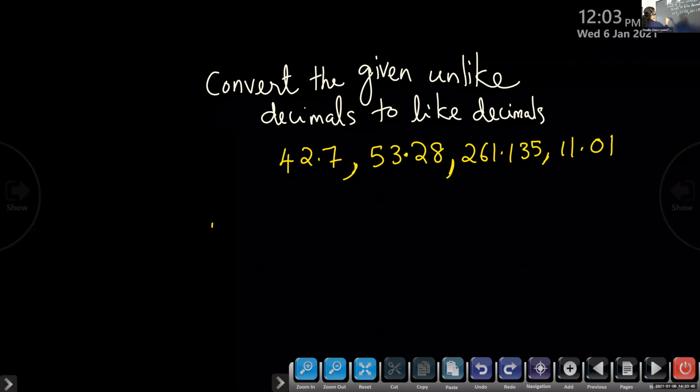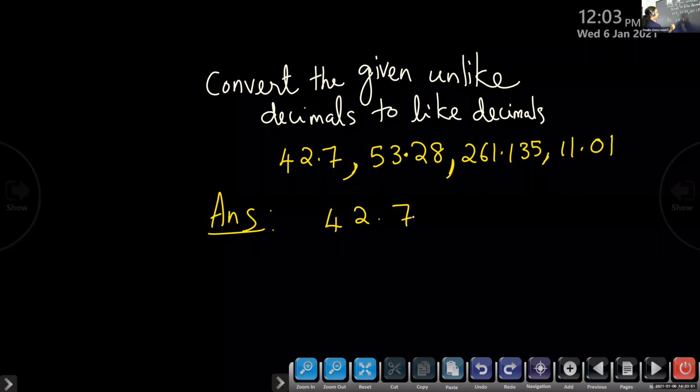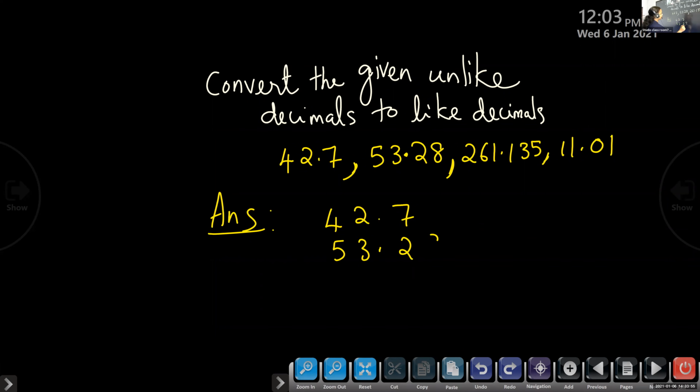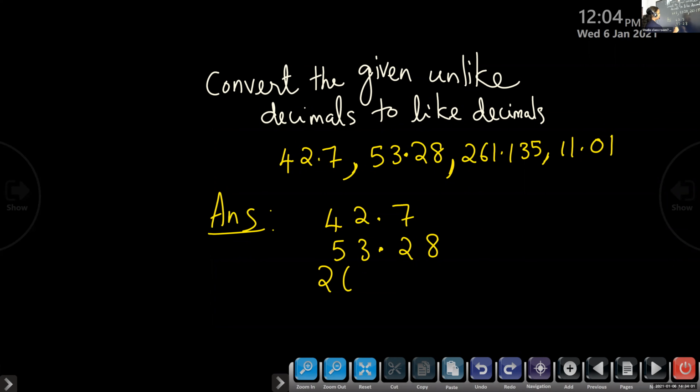So children, as I told you first, you can write one below the other. 42.7. Line up the decimal points. 53.28. Line up the decimal point, then it will be easy for you. 261.135. 11.01.